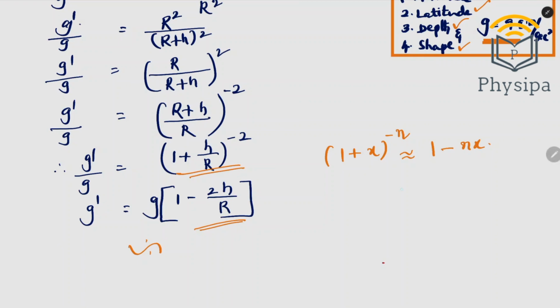And we will plot a graph taking distance on the x-axis and acceleration due to gravity g on the y-axis. Let us say this is the origin at the center of earth and r is the radius of earth, then this is the surface.